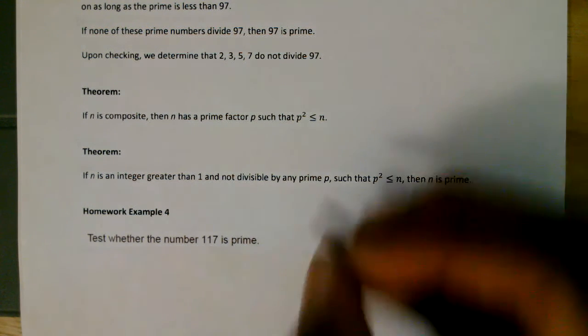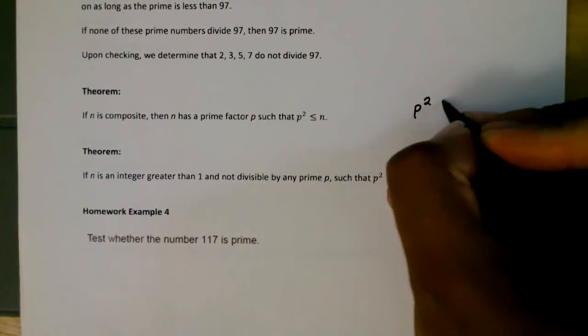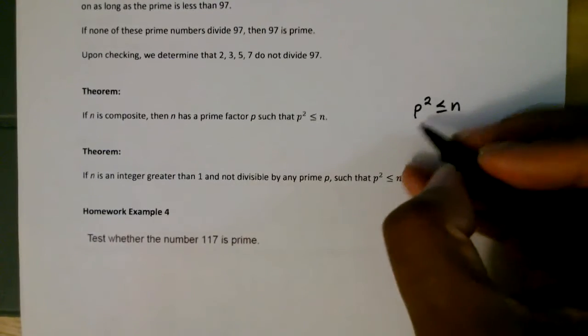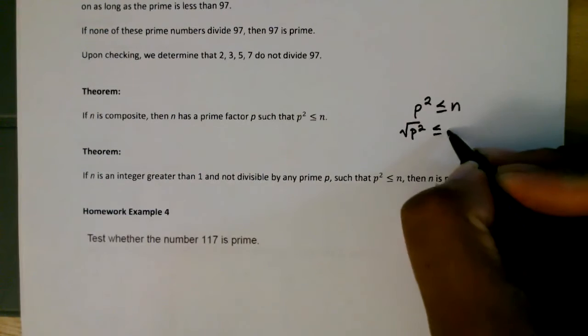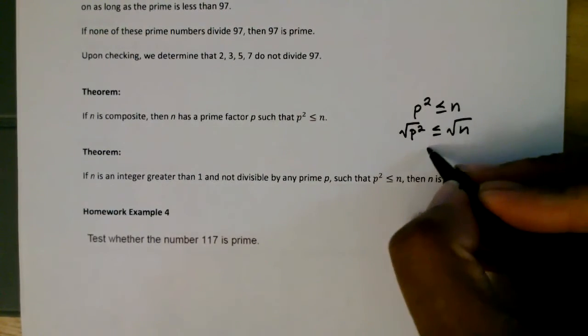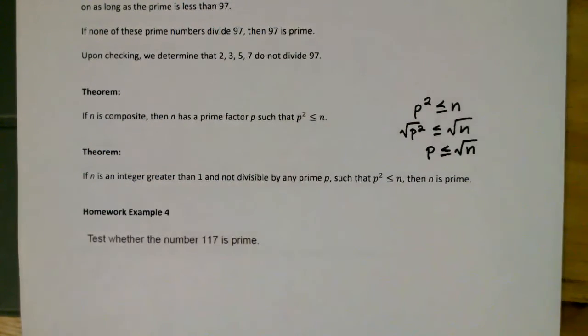So let me simplify that: p squared less than or equal to n. If I take the square root on both sides, that would mean that p is less than or equal to the square root of n. Whatever that number is, we'll take the square root of it, and that will tell us the largest prime that we can consider testing.